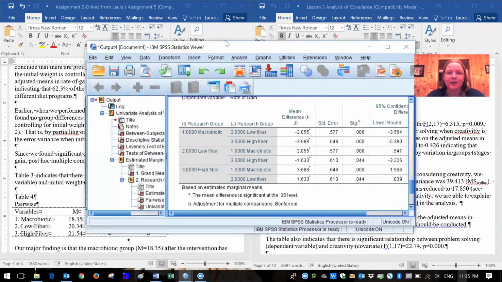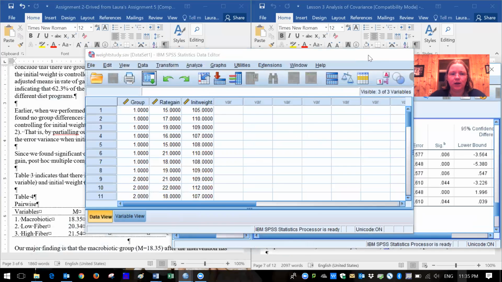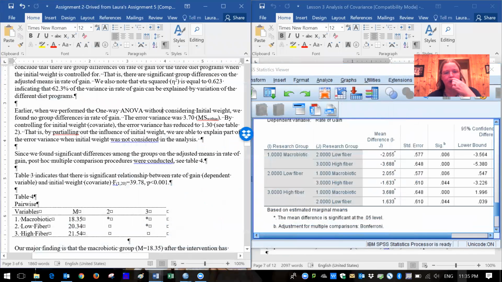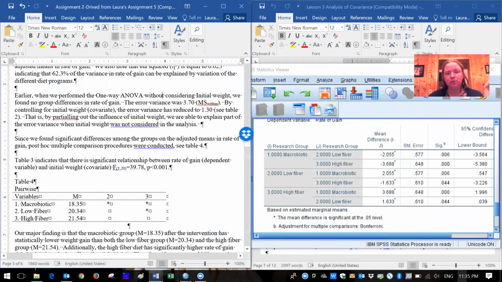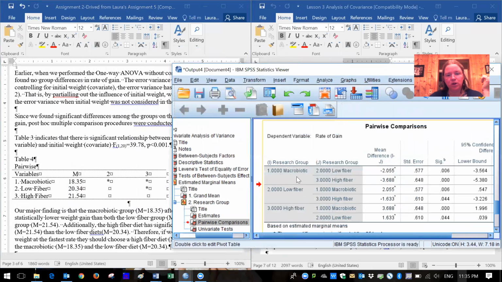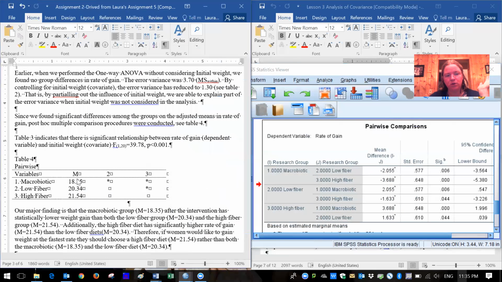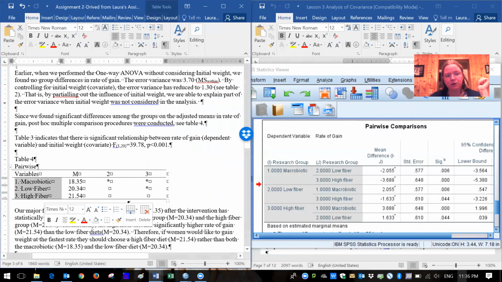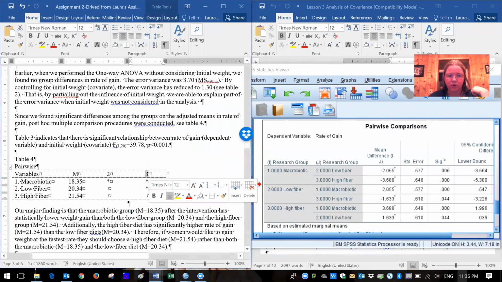Woohoo! Okay, so now with this, we can write about our actual analysis. So with the pairwise comparison table, this table here we're going to put into a table like this. So we write out our 3 different diet regimens, and I number them so that I can put across the top just the numbers 2 and 3.